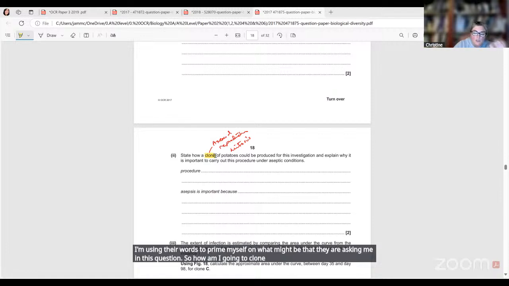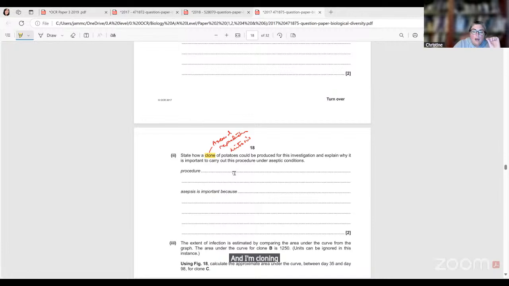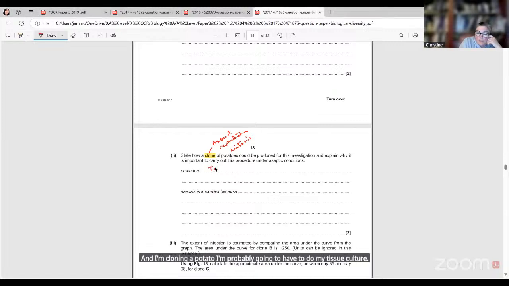If I want to clone it, and I'm cloning a potato, I'm probably going to have to do tissue culture. So I want to do tissue culture where I'm going to remove a small sample, which is called an explant.